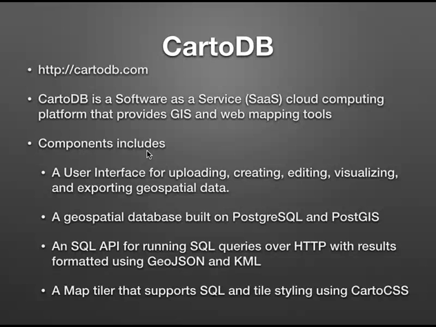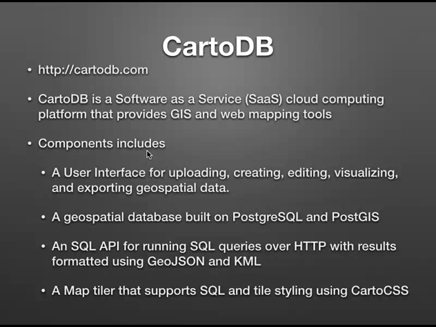But this particular product actually hosts a PostgreSQL and PostGIS database for you, so you can utilize the full capabilities if you need to of those databases. They provide actually a SQL API, so they expose the database directly for you, as well as a JavaScript API to interact with the maps and the layers.